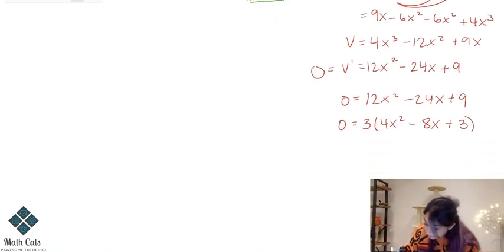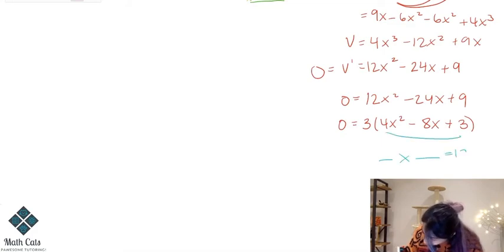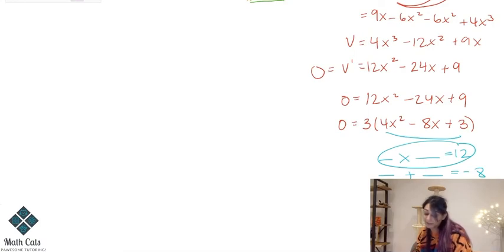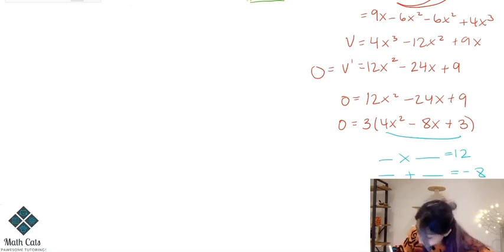Find two numbers that multiply to 4 times 3, so they multiply to 12, but they add to negative 8. Oh, 6 and 2. Negative 6, negative 2.